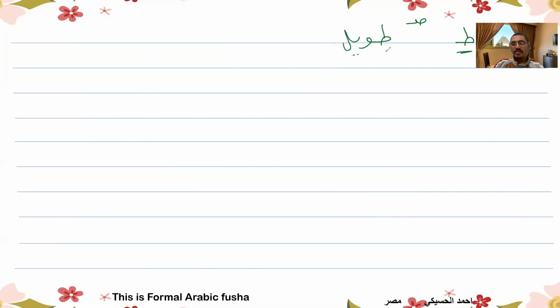Here, note that طاء is joined with واو, طويل. And pants, trousers, are clothes, بنطلون.